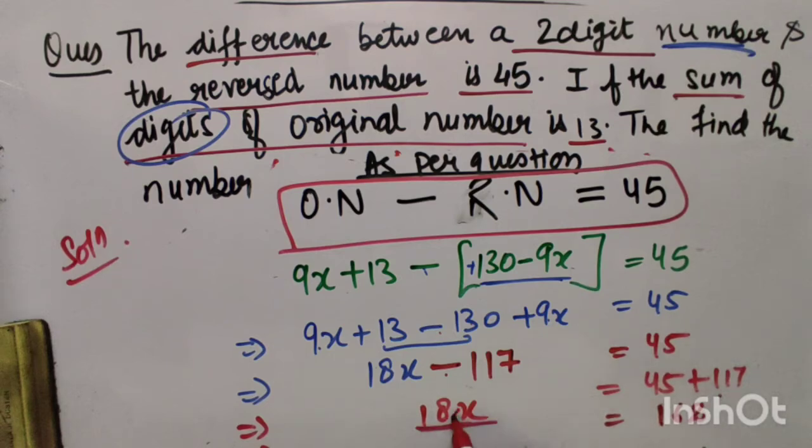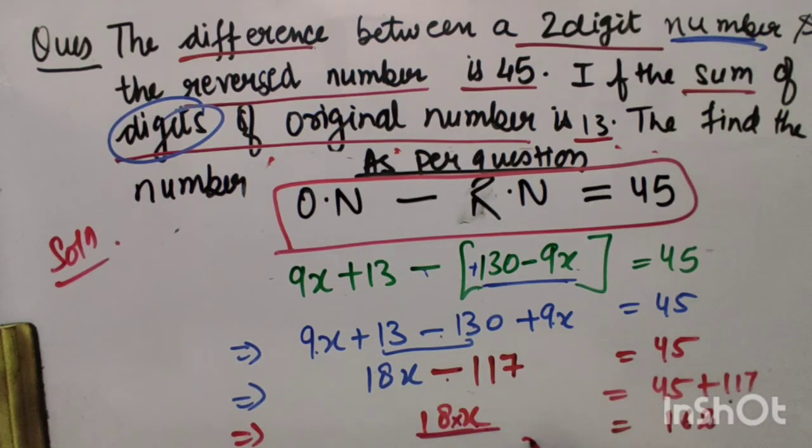Since 18 is multiplied with x, we transpose it here into division. So now we are going to divide the numbers. Let's cancel them by 9 only. So we get 2 here, and here we get 18. Now 2 cancels 18 at 9, right? So here we got the value of x, which is 9.